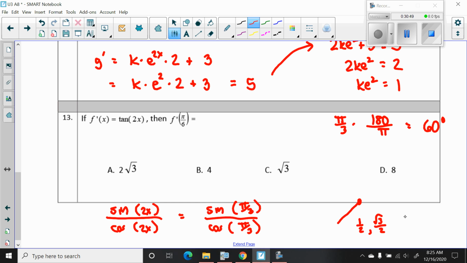So it's the sine, sorry, cosine, square root of 3 over 2, sine divided by 1/2, which means times the reciprocal, 2 over 1, square root of 3.